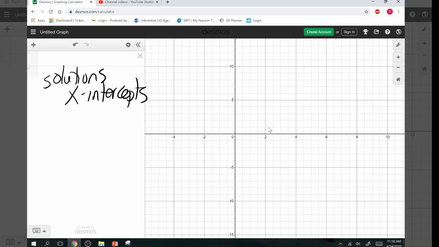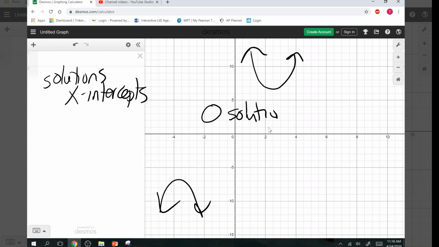The first option is you have a quadratic up here or down here. If it never goes through the x-axis, this is the zero solutions option. This has no solutions.